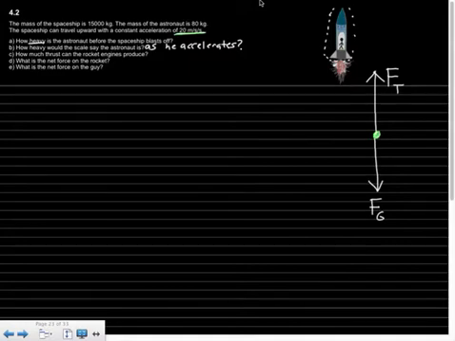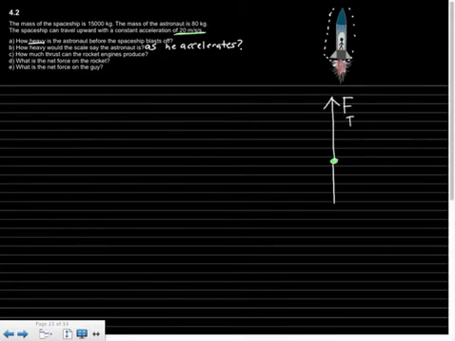Okay, so we have the thrust going up, the force of gravity going down. And we know that the force of thrust, I'm going to scoot this over a little bit so we can do some better math, the force of thrust minus the force of gravity is going to equal the net force. Okay, in this problem, which one are we looking for? The thrust force, the force of gravity, or the net force?